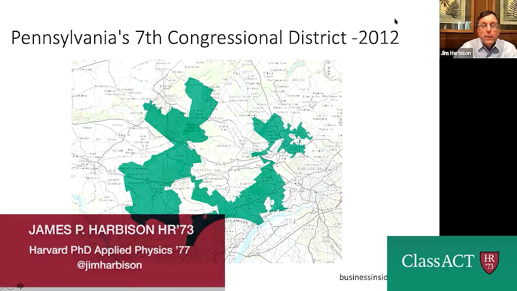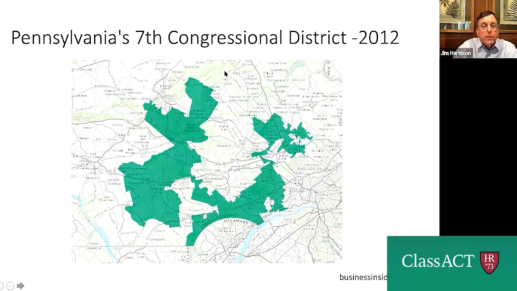So gerrymandering, as Ryan pointed out, involves adjusting voting district boundaries so that politicians gain an advantage over the other party. And it's the boundaries and the adjustments that are important. If we look at this first slide, you can see that this is Pennsylvania's 7th congressional district, right after that 2010 takeover of the Republicans that Michael was talking about, where most people would say this was terribly gerrymandered.